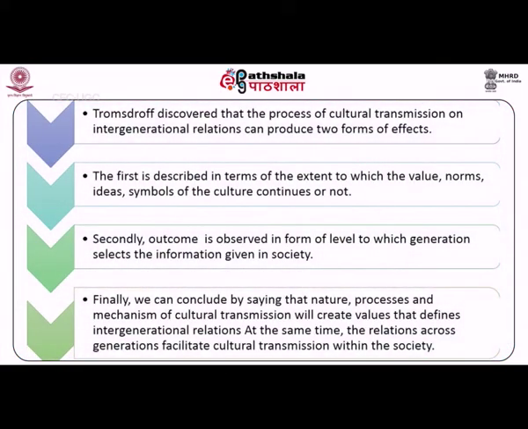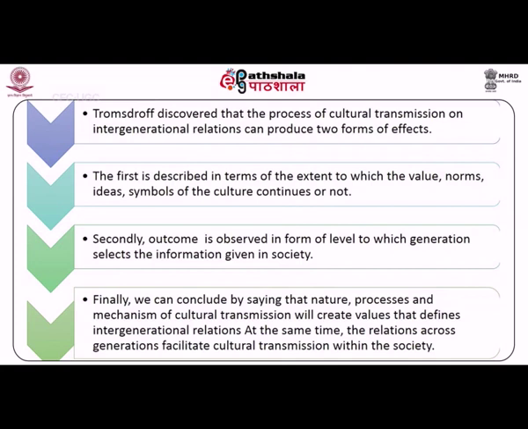Trommsdorff discovered that the process of cultural transmission on intergenerational relations can produce two forms of effect. The first is described in terms of the extent to which the values, norms, ideas and symbols of the culture continue or not.